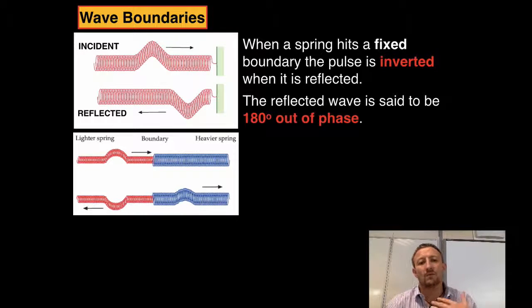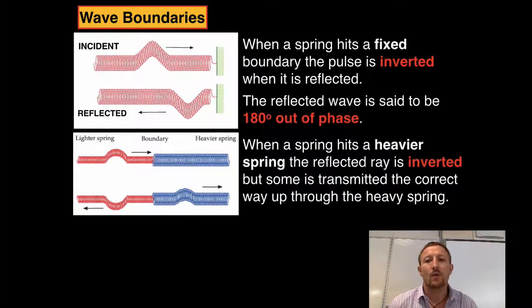What would make a lot of sense is that the energy passing through the heavy spring and the energy in the reflected wave on the lighter spring should add up to the total amount of energy in the light spring in its incident form. So when a light spring hits a heavier spring, the reflected wave that passes back through the light spring is inverted, but also some of the wave is passed through the heavy spring itself.